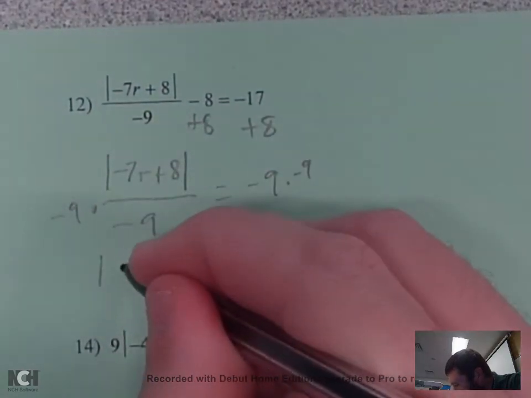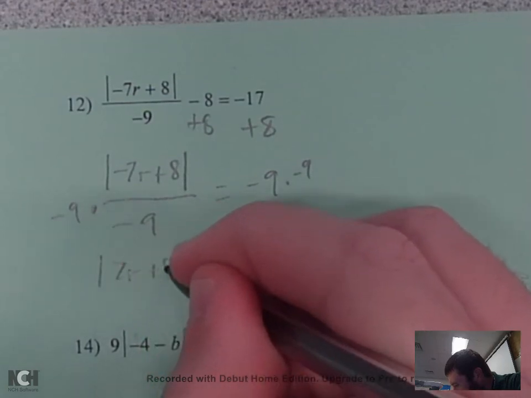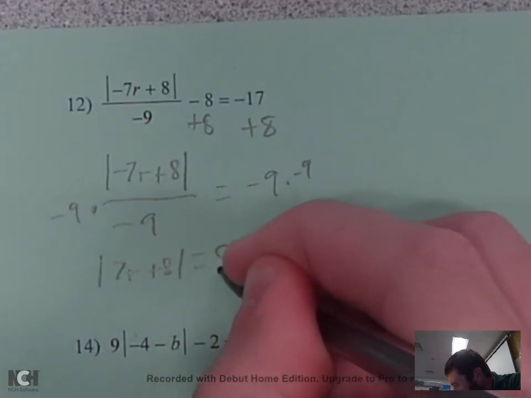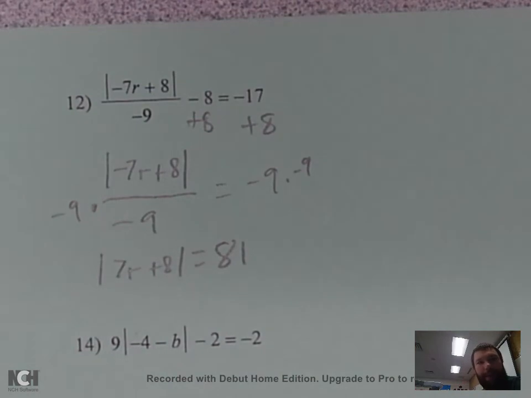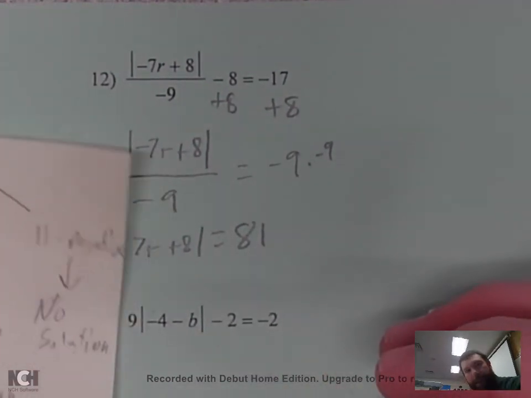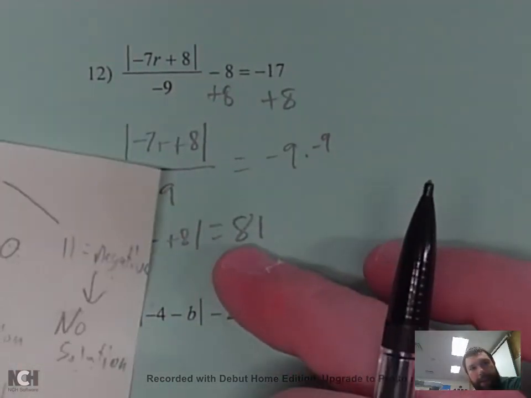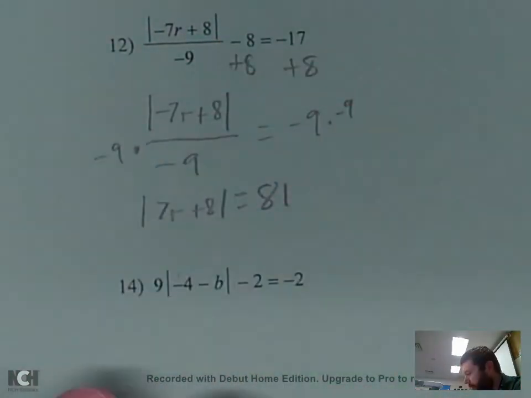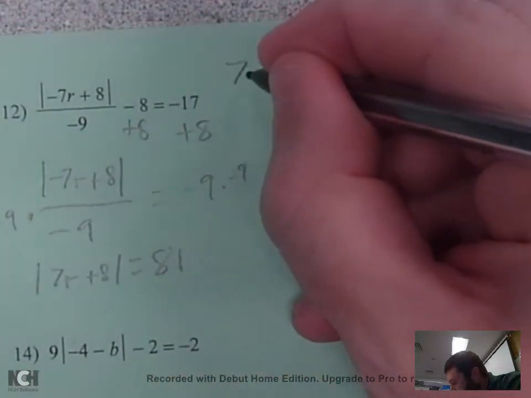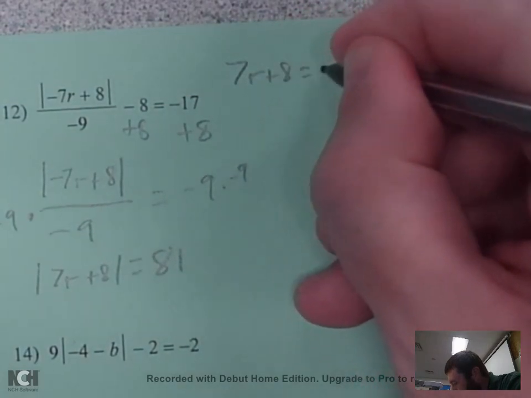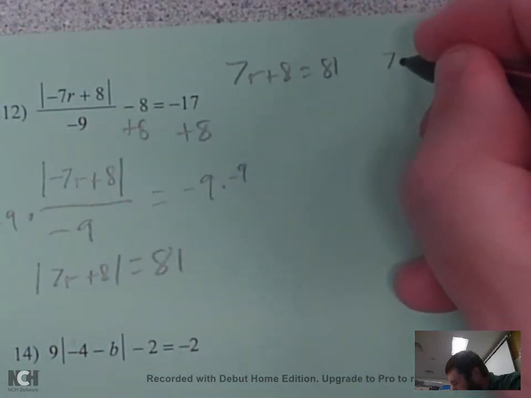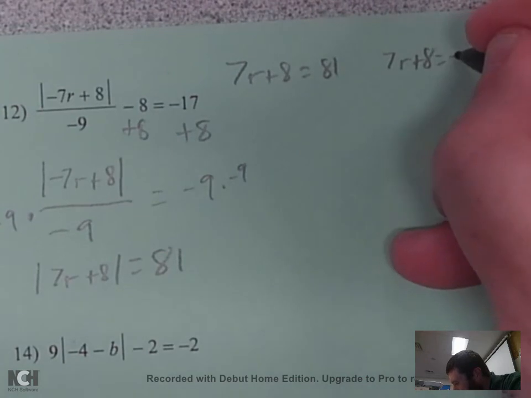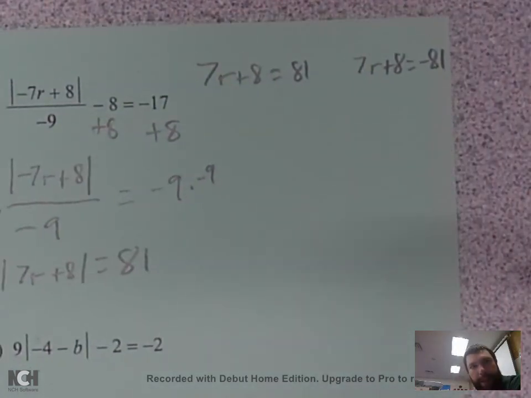And that gives me the absolute value of 7r plus 8 is equal to a positive 81. Now we do our check. 81 is positive, so there are two solutions, right? We split it into two possible equations. 7r plus 8 could equal positive 81, or 7r plus 8 could equal negative 81. Okay? And then we would just solve the two-step equation.